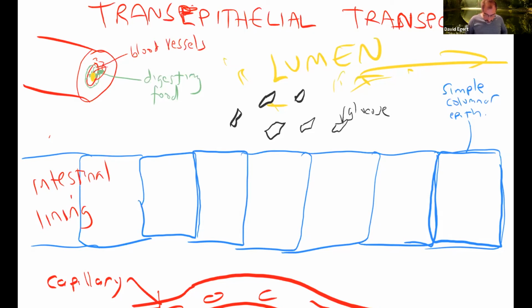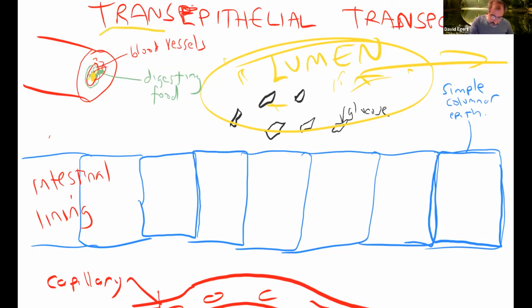This is the inside of the tube where the food is breaking down, where the sugar is coming into existence that I want to absorb. Here's the capillary on the other side of this epithelial sheet that I want to bring the sugar over to so I can get it into my bloodstream.